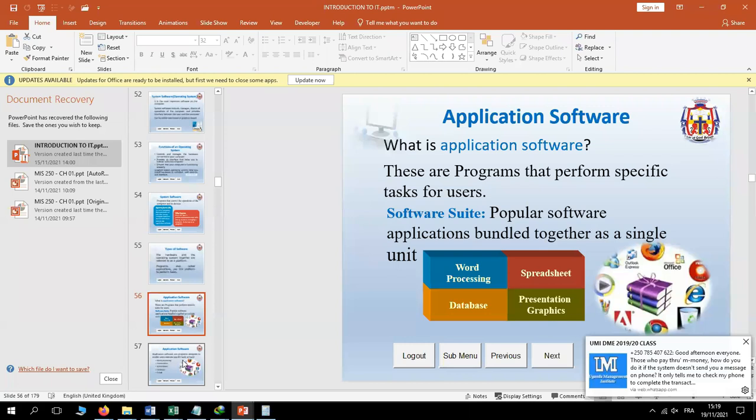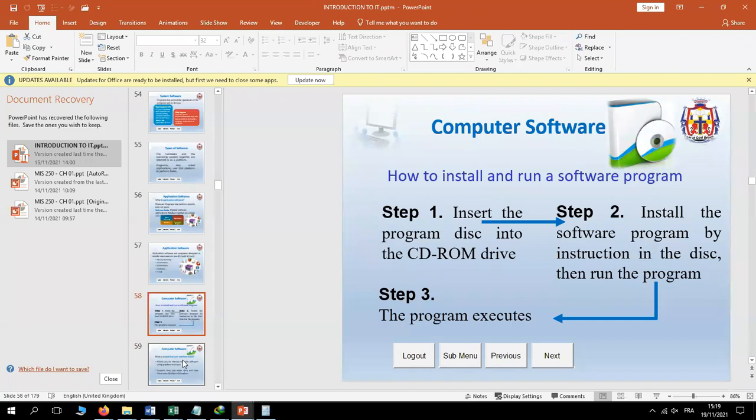We have tried to explain them all in detail. You can read through. In case you don't know, please read about how to install software. But of course, in most cases, you don't just install unless you have rights.